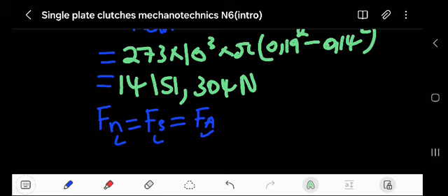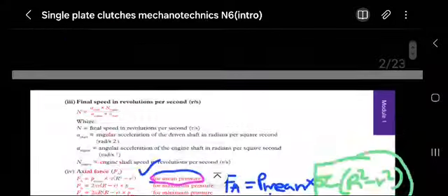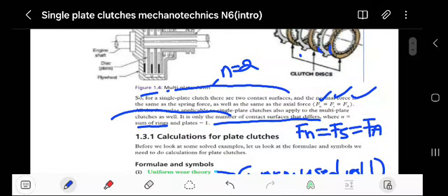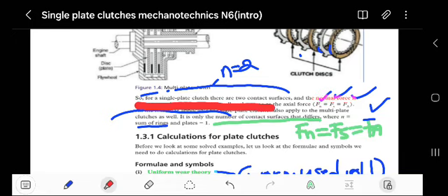Where did you get this? I've discussed this when we were starting here. If you listen to me, they've told us the normal force, as you can see from here, is the same as the spring force as well as the axial force.